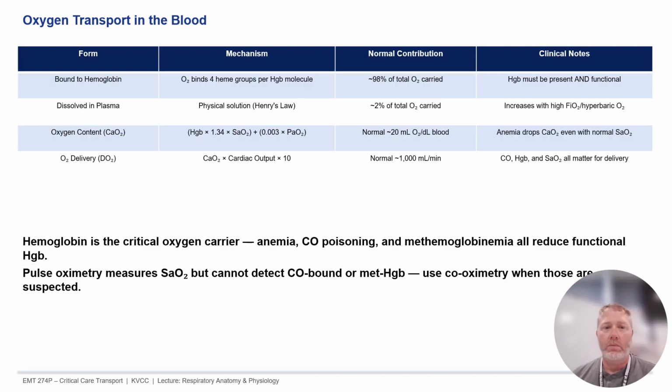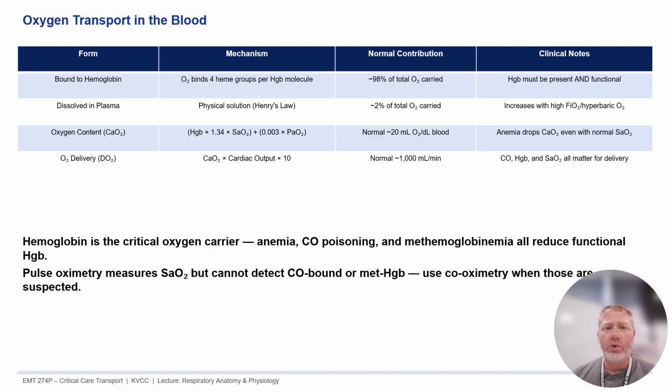That's a mouthful. The 1.34 factor is the oxygen carrying capacity of hemoglobin in milliliters per gram. The 0.003 times the PaO2 term represents dissolved oxygen, which is tiny under normal conditions, but becomes relevant when patients are in something like hyperbaric oxygen therapy.